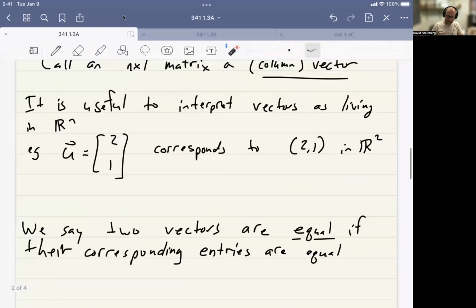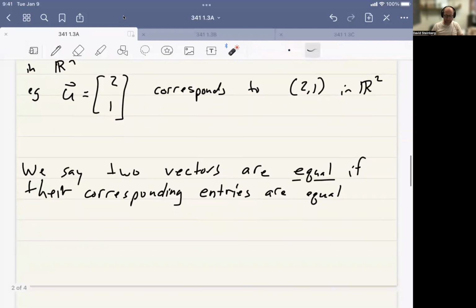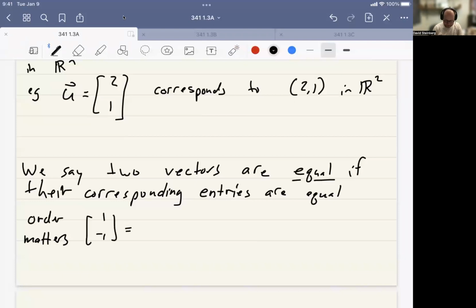Okay, we say 2 vectors are equal if their corresponding entries are equal. And here, of course, order matters. So the vector 1, -1 is not equal to the vector -1, 1. And also size and shape matter.